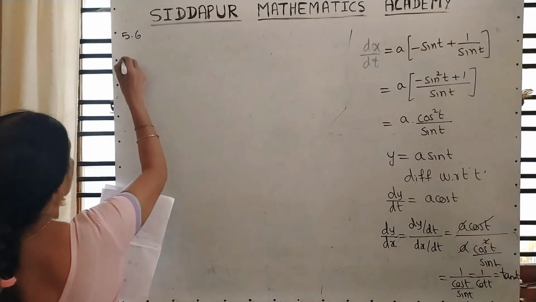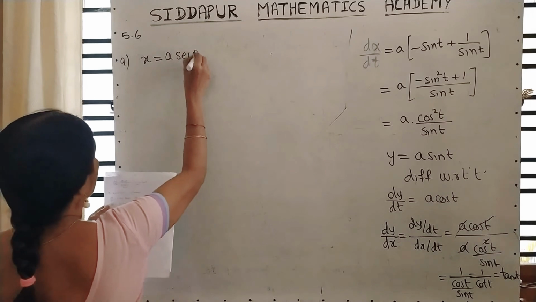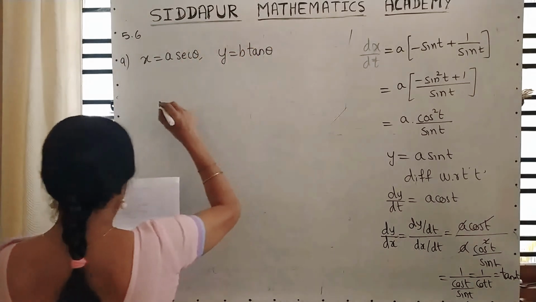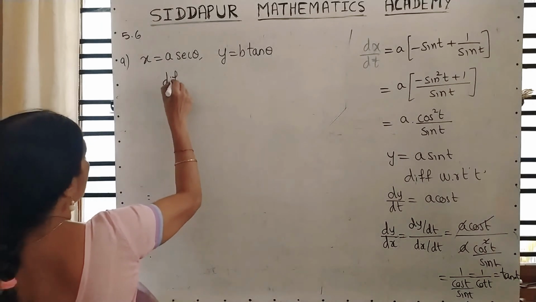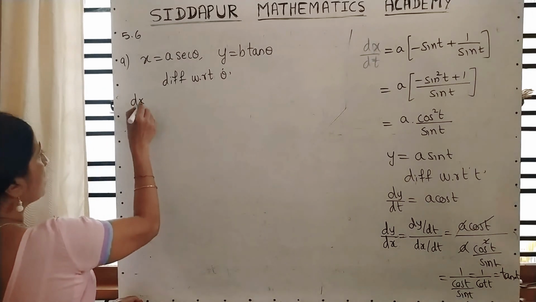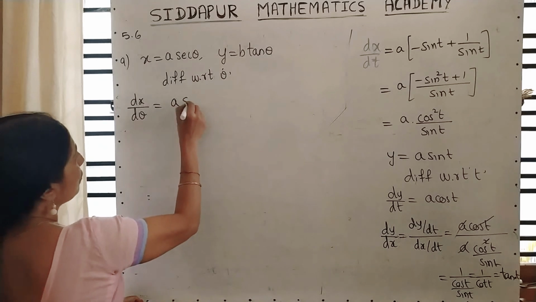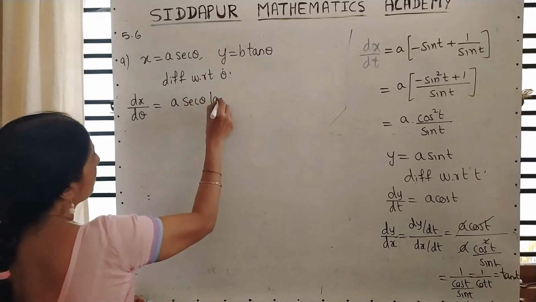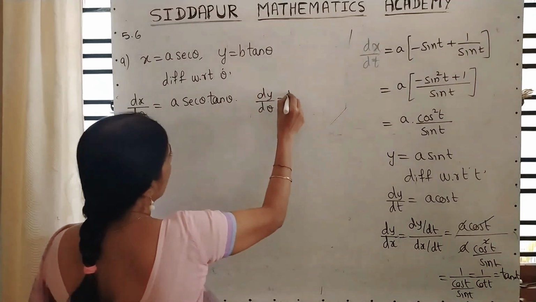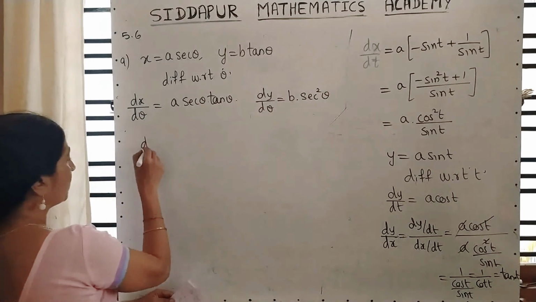Question number 9. x is equal to a sec theta, y is equal to b tan theta. Very simple. Differentiating with respect to theta, dx upon d theta is equal to a constant, differentiation of sec theta is sec theta into tan theta. dy upon d theta, b constant, differentiation of tan is secant square theta.